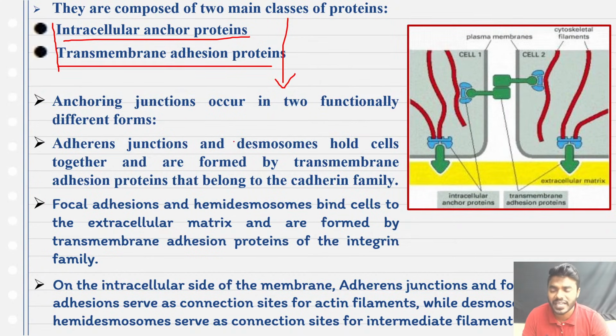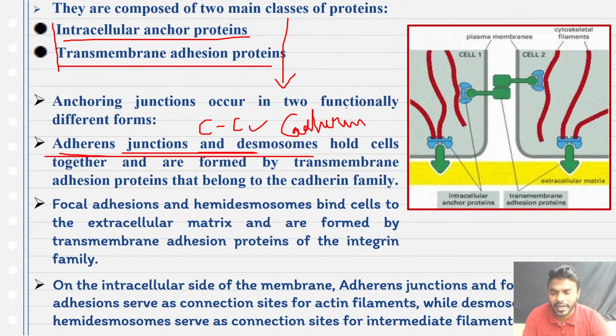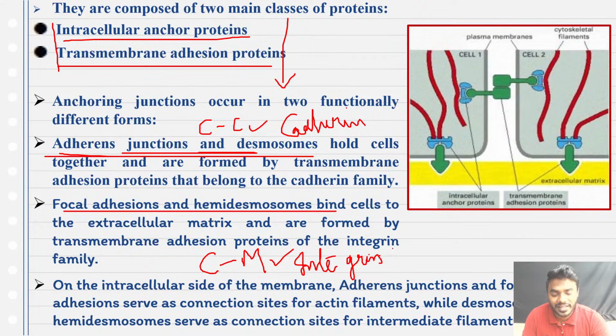Such a simple step it is. Adherens junctions and desmosomes are present between cell to cell. These two have the transmembrane protein cadherin. Never ever forget this statement. Focal adhesions and hemidesmosomes are the second type of anchoring junctions. They are present between cell to matrix and have the transmembrane protein integrin. Do not forget the statements.